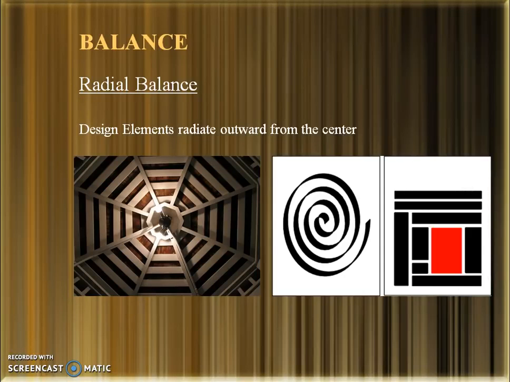So this type of example, in which the arrangement is from the center towards the outside, is called radial balance. Radial balance is also called a formal balance because once you divide it from the center, the left and the right side or the top and the bottom are equal, similar to each other.